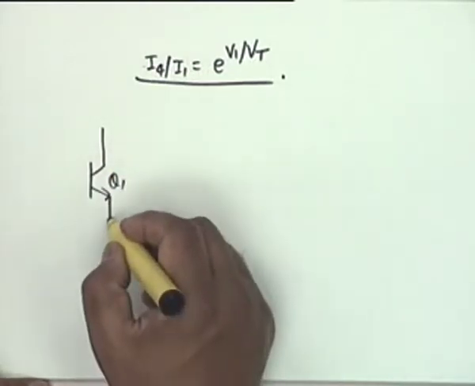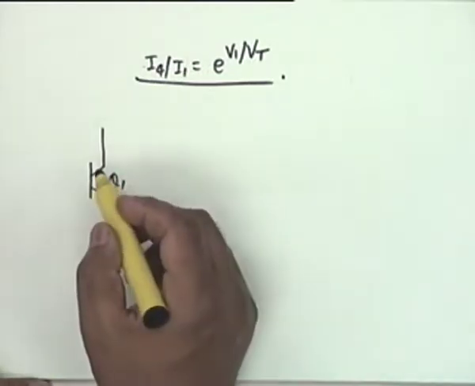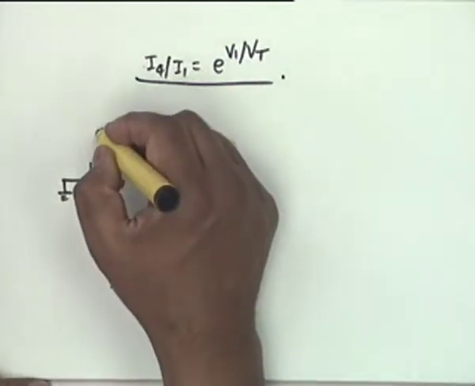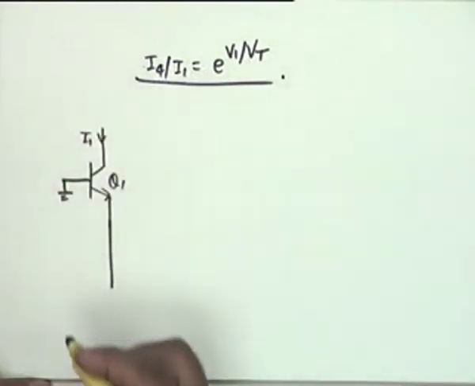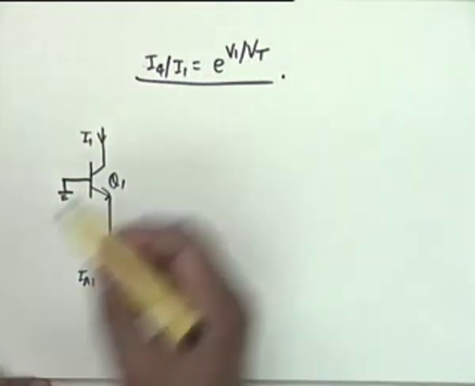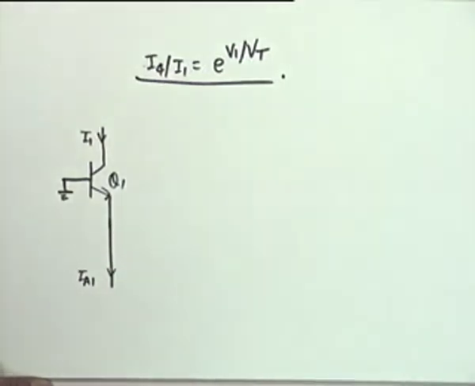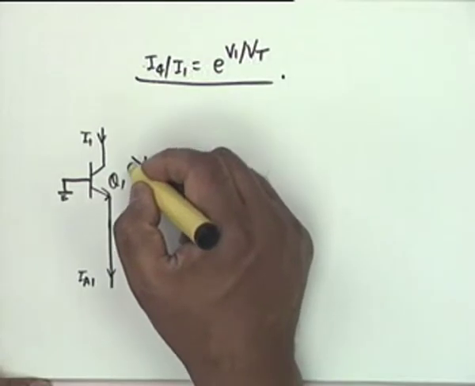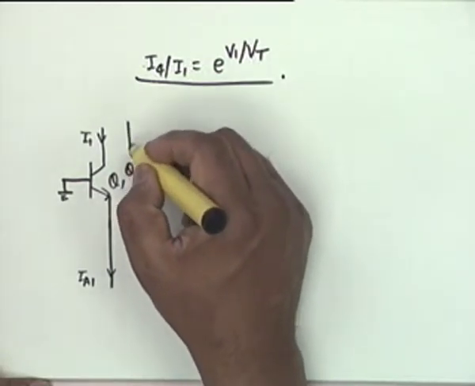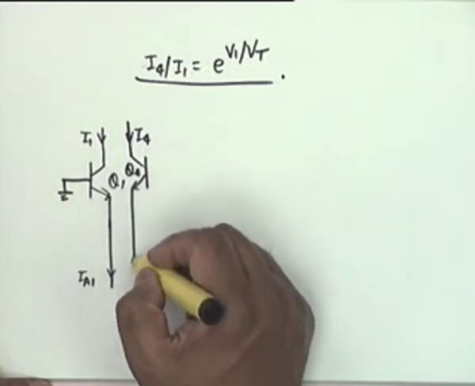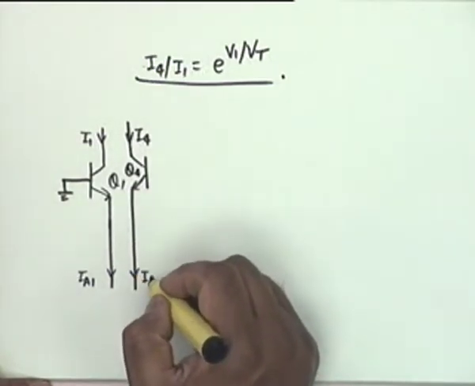Q1, and the base is grounded. This current is I1 and this current is IA1. I1 and IA1 are approximately equal. We also draw Q4 adjacent to it. This current is I4 and this current is IA2.